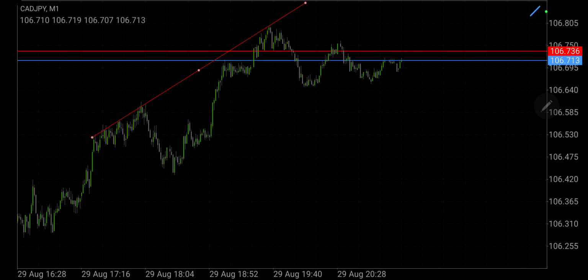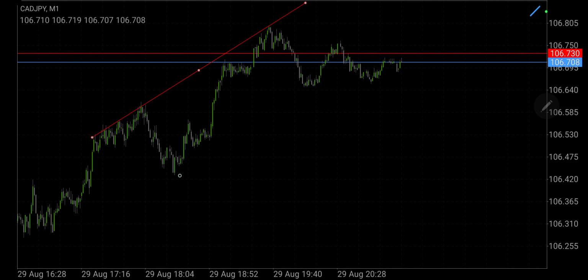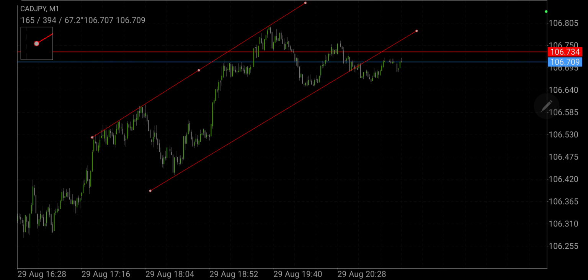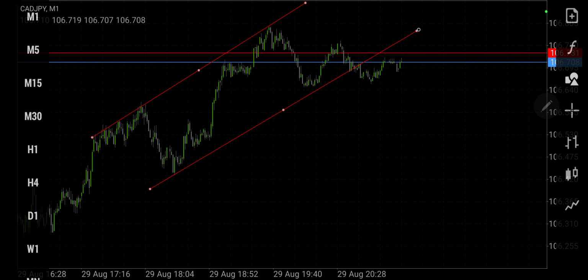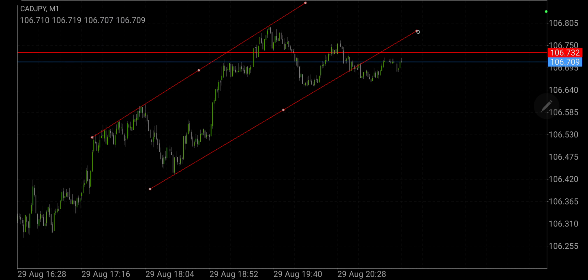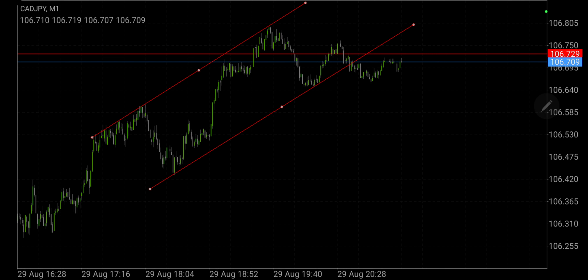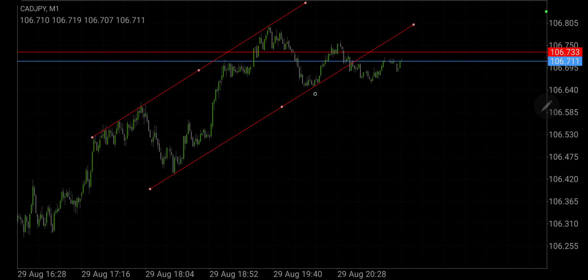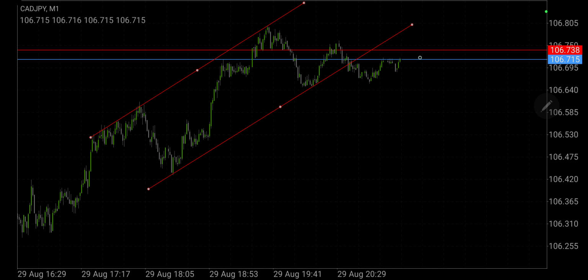So one trend line is from here, and if you see, it has already broken this trend line from this area, and it went to retest and went back down, then up a little bit. So this trend line is not the accurate one.